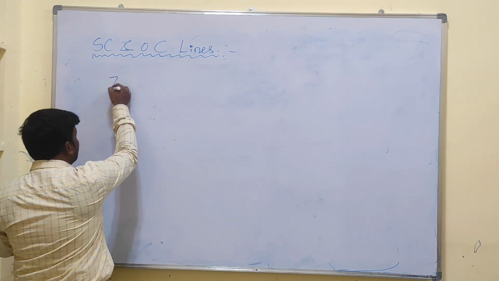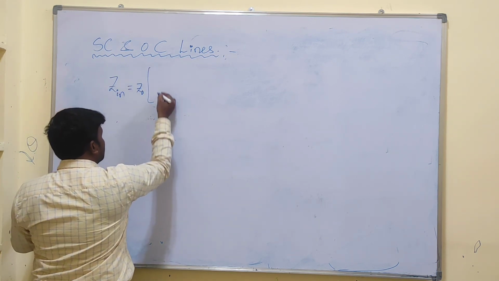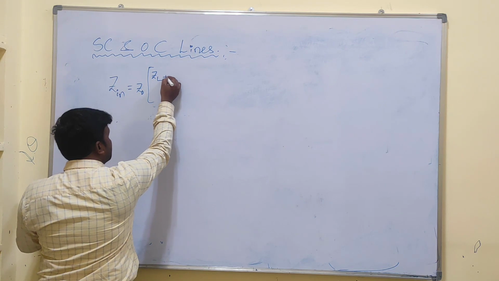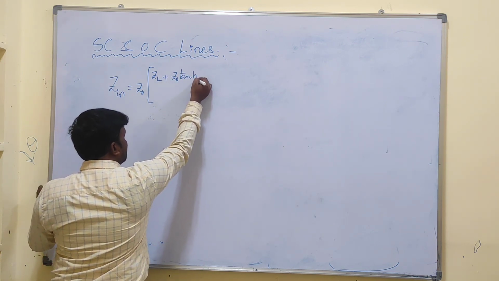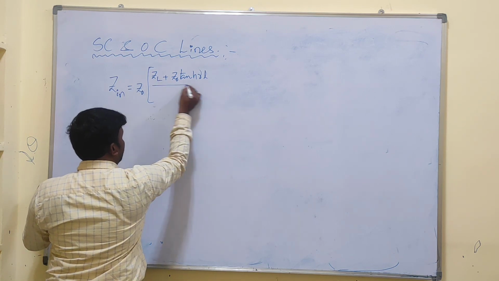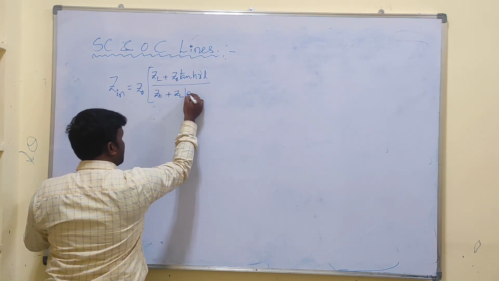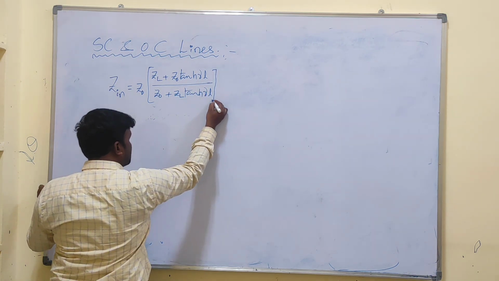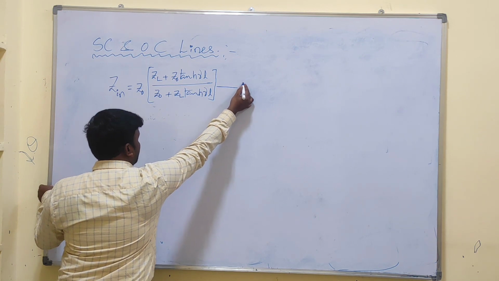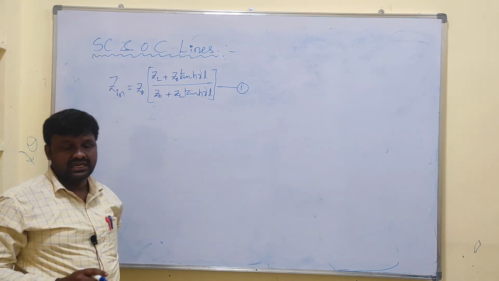Zin is equal to Z0 into (ZL plus Z0 tanh γL) divided by (Z0 plus ZL tanh γL). So this is the derived equation. Here I am taking this as equation 1 to discuss the SC and OC lines.